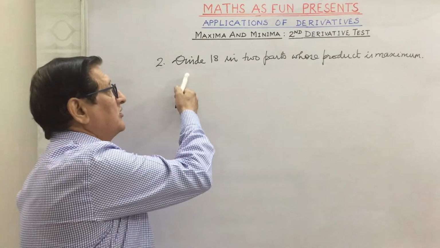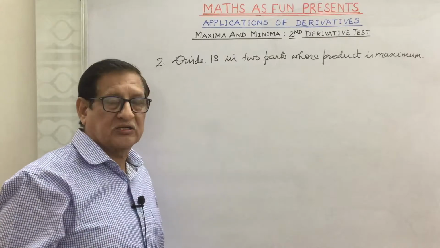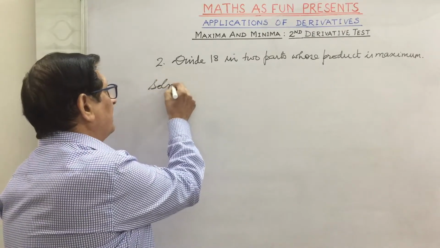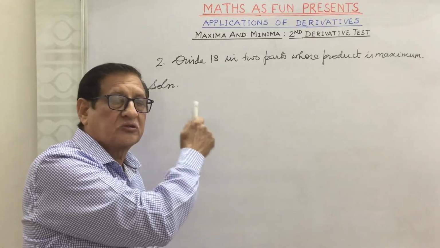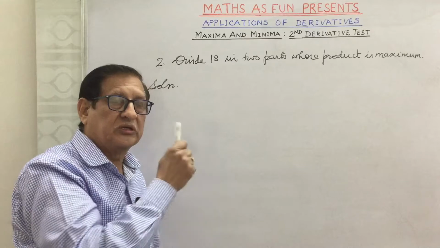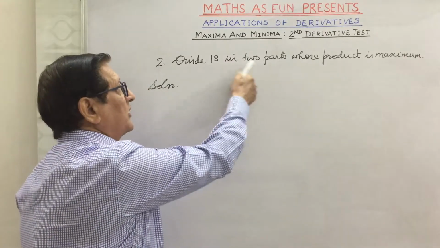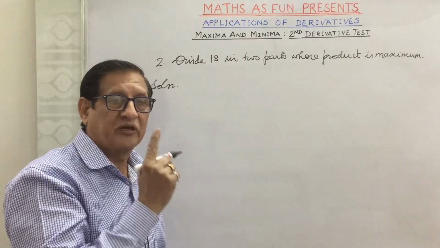One of them is: divide 18 in two parts whose product is maximum. To find the solution of such a problem, we have to remember one thing, that the function which is to be maximized or minimized is to be taken in one variable. So here when we take the two parts of this number 18, we will also take them in one variable only.